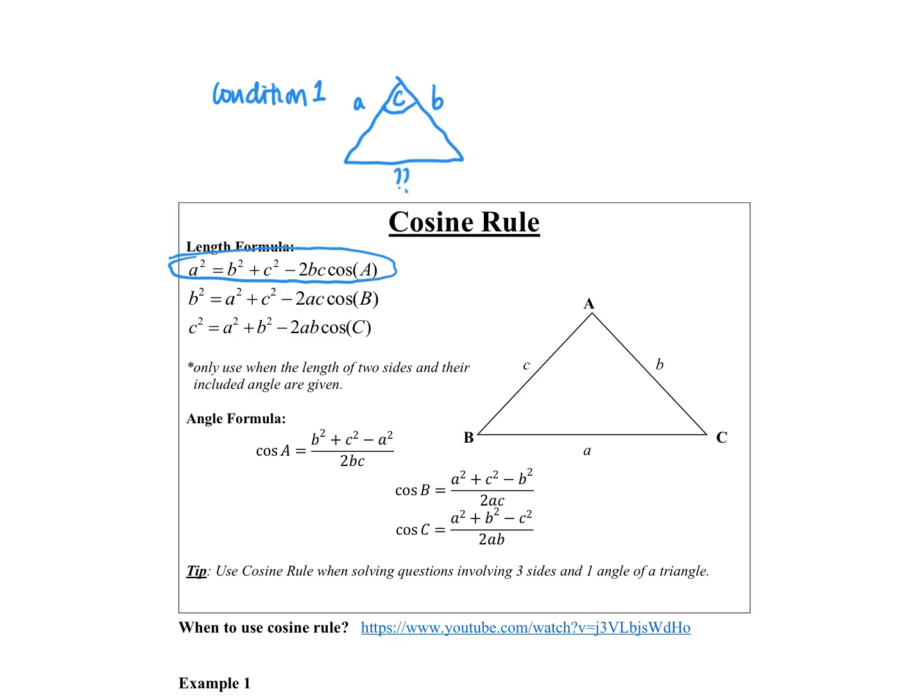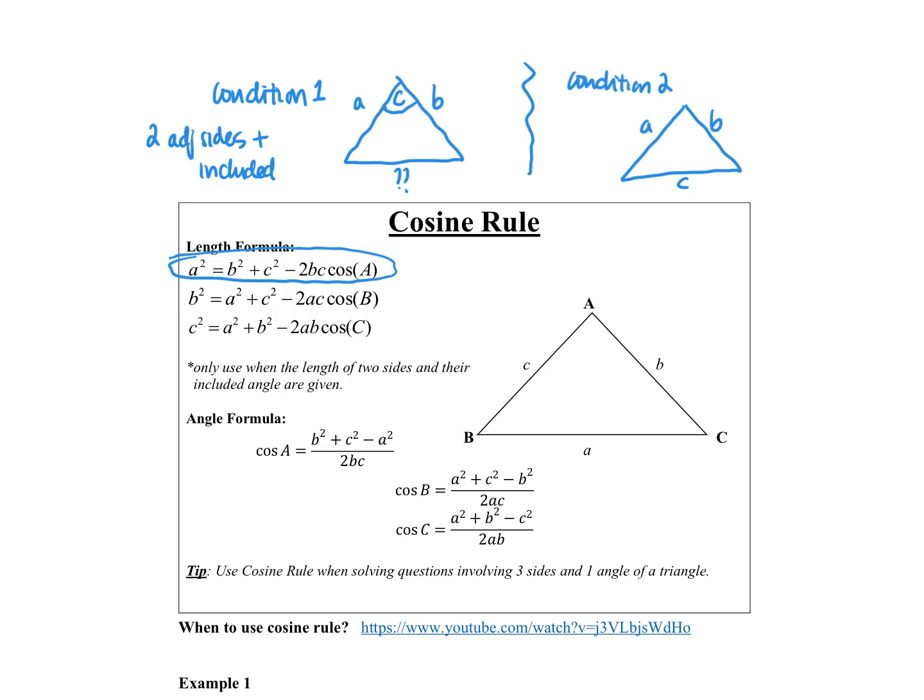Okay, so condition 1 is if you are given 2 adjacent sides and the included angle. Then you know, oh, I confirm use cosine rule for this question. Okay, condition 2 is if they give you all 3 sides of the triangle. That means they give you these 3 lengths and they ask you to find any one angle.